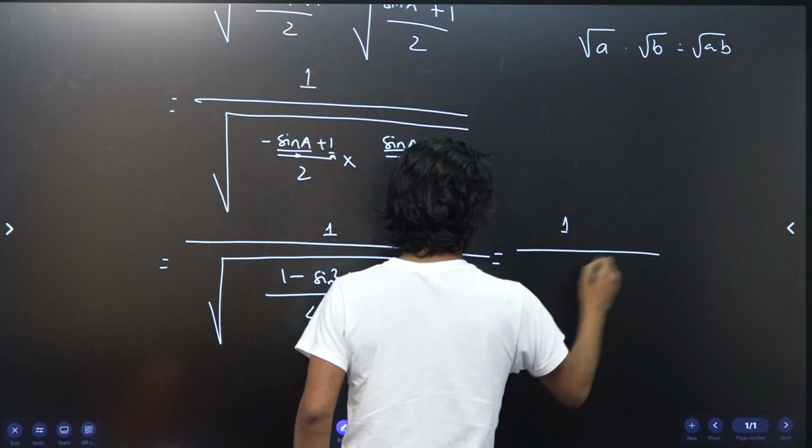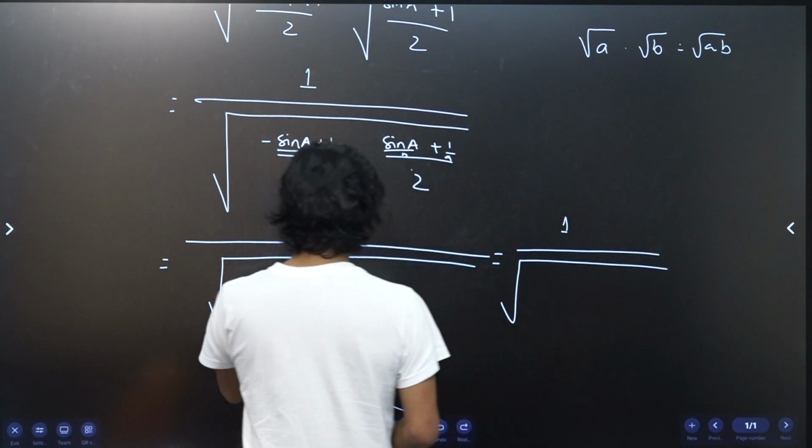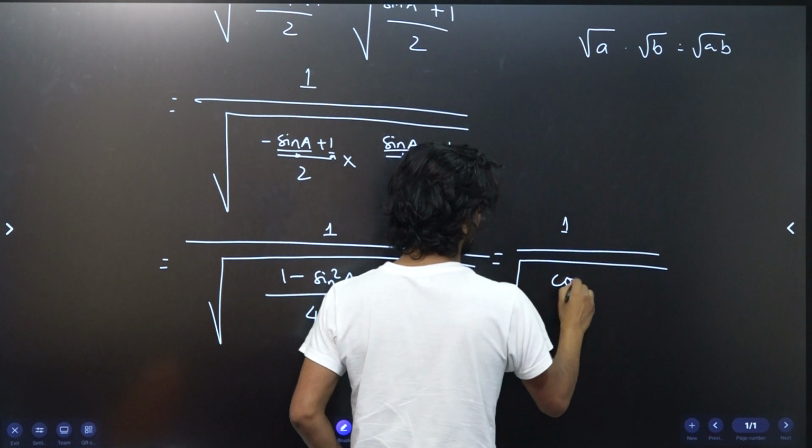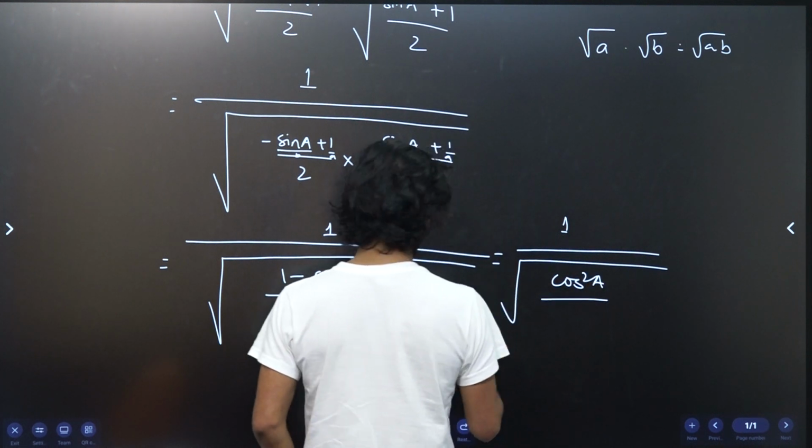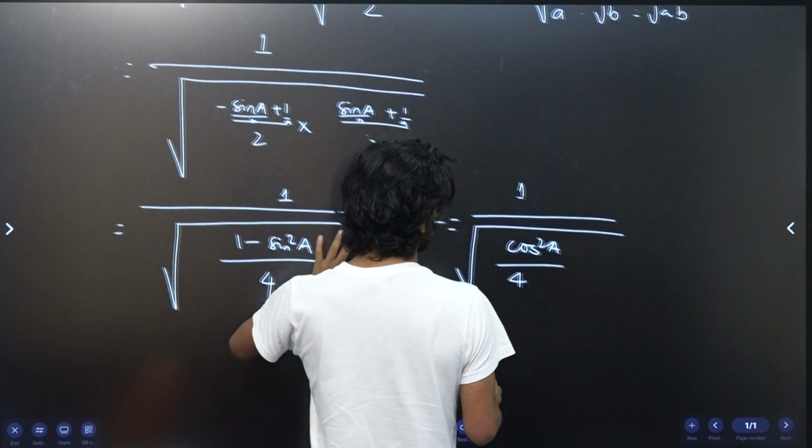What is 1 minus sin² A? Cos² A, divided by 4.